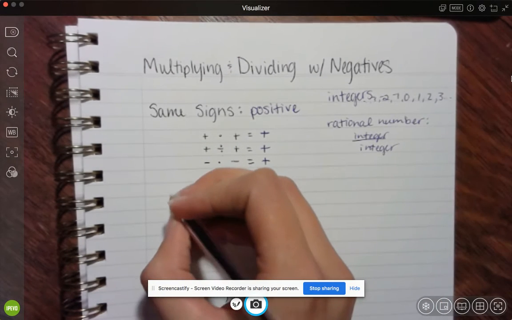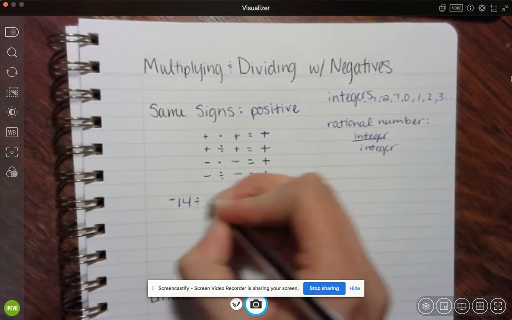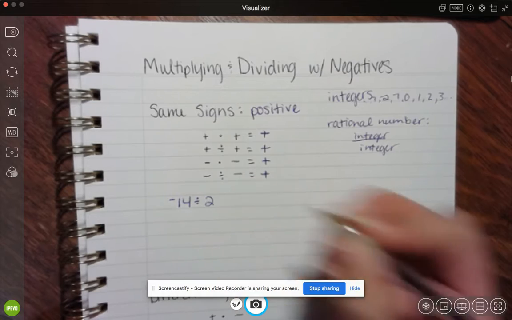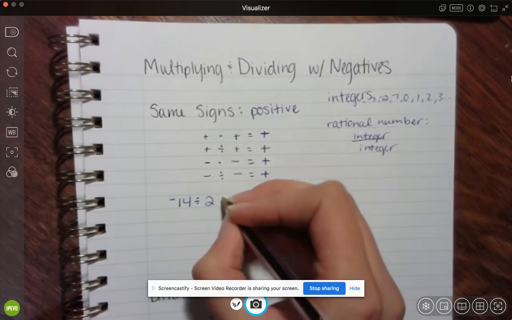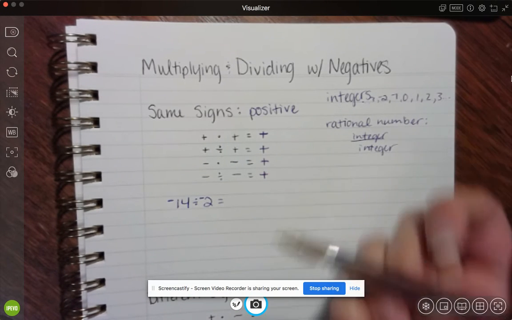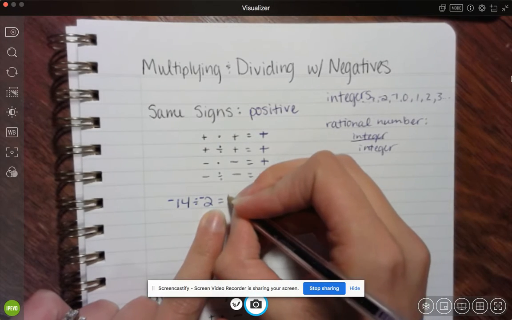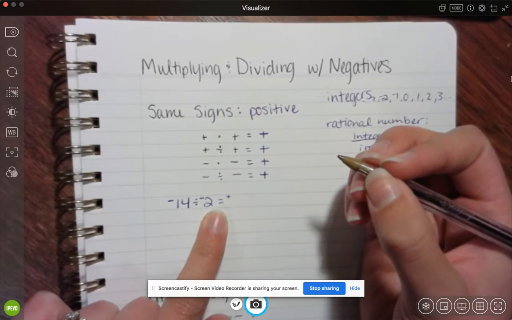So what if I do negative 14 divided by, sorry, not positive 2, negative 2. Negative 14 divided by negative 2. All right, same signs, so my answer is positive. So I'm going to write a little plus sign here so I remember it's positive.